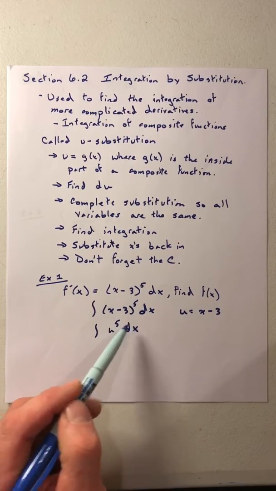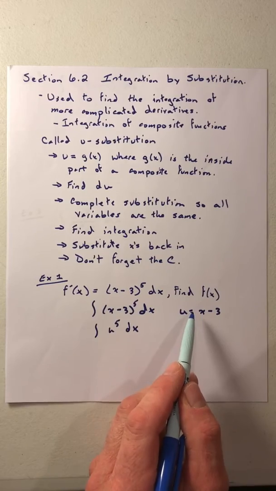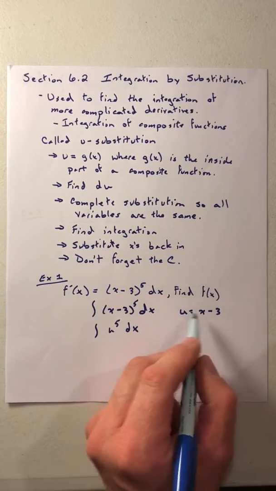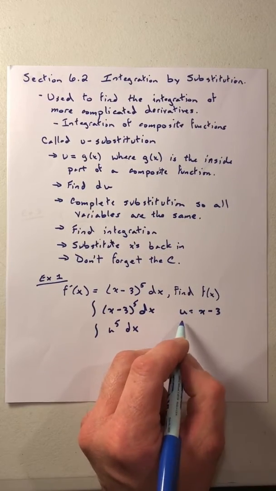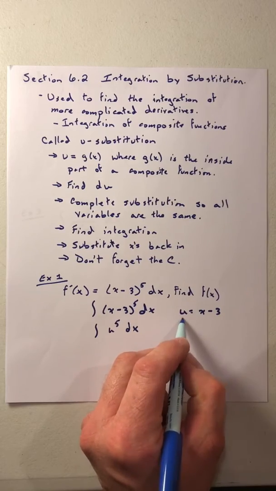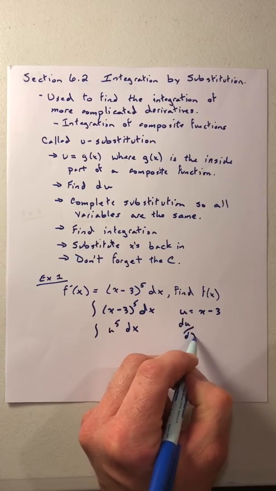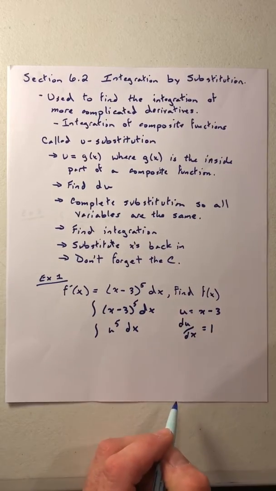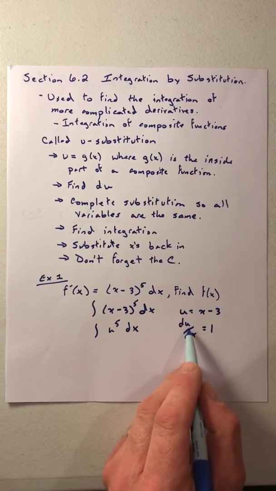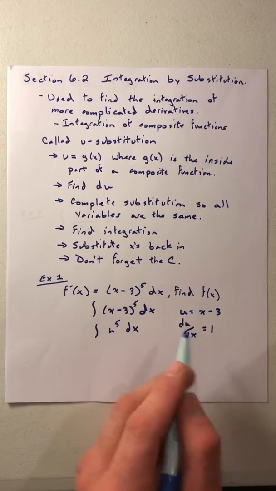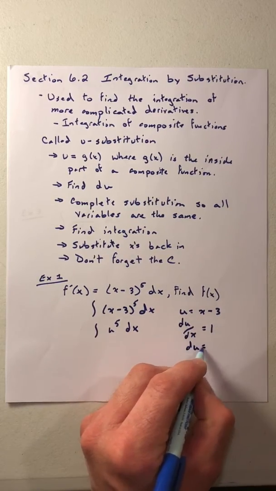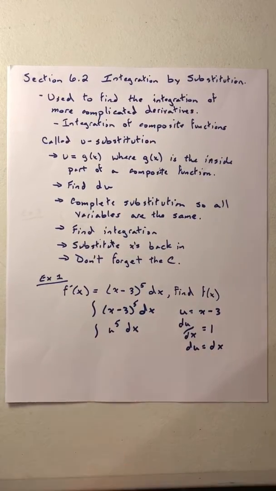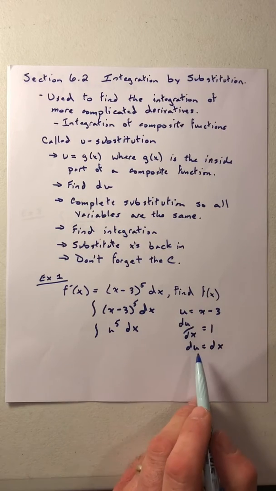And the way I'm going to get that is coming back over here to my substitution, my u, and finding the derivative of this. The derivative of u with respect to x is du dx. The derivative of x is 1. If I take this dx and multiply it over, I end up with du equals 1 dx, or just dx.